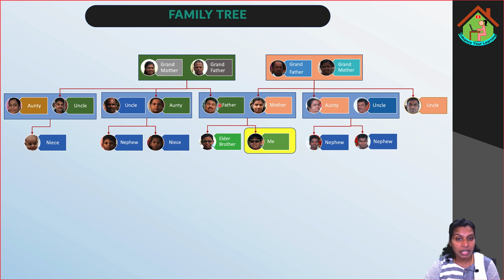So your father's sister will be your auntie and your father's brother will be your uncle. In the same way, your father's sister's husband is also your uncle, and your father's brother's wife is also your auntie.